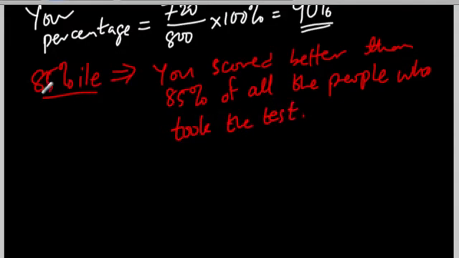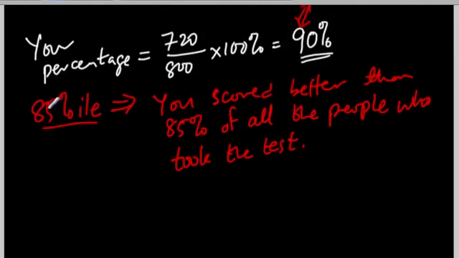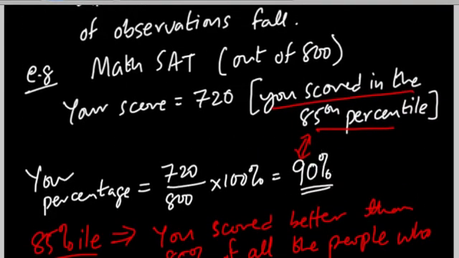That's what it means. It does not mean you got 85% on the test. In fact, as we saw, you got 90% on the test. But if you rank in the 85th percentile, you scored better than 85% of people who took the test. If you scored in the 99th percentile, that means you did better than 99% of all the people who took the test. So that's the difference between percentile and the score that you get.